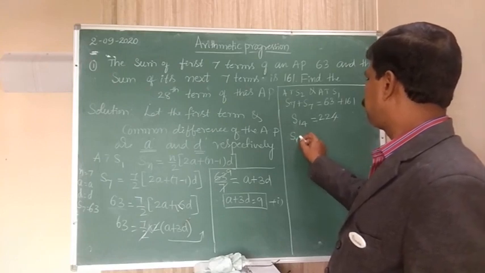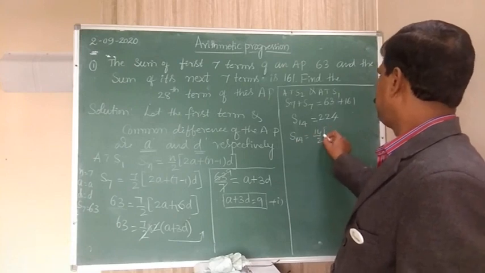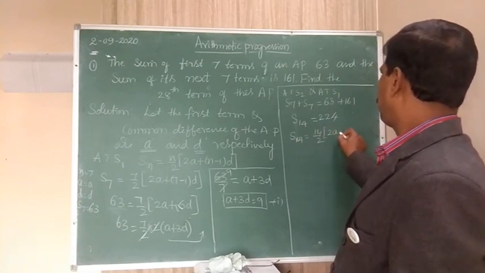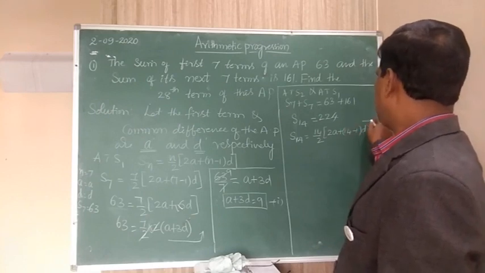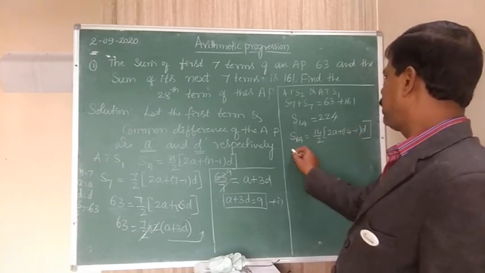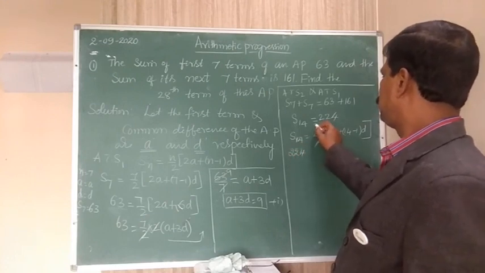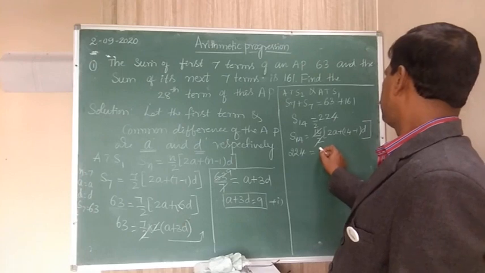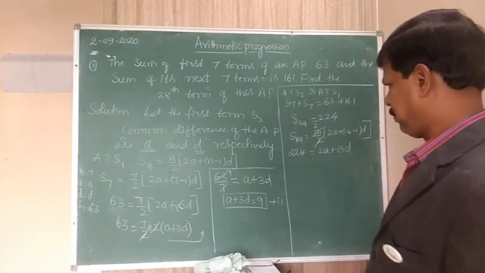Now apply this. S14 is equal to 14 by 2 into 2A plus 14 minus 1 into D. Now S14 is 224, so 224 equals 7 into 2A plus 13D. Shifting the 7, 224 by 7 equals 2A plus 13D.